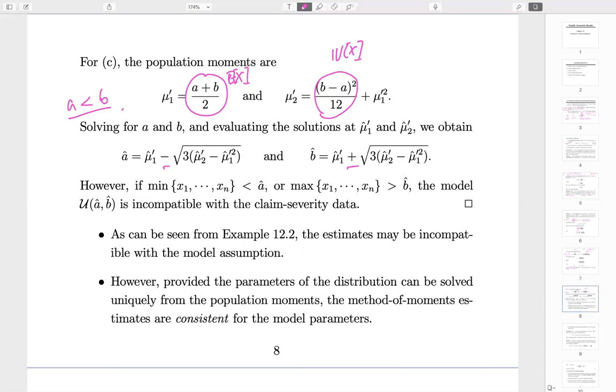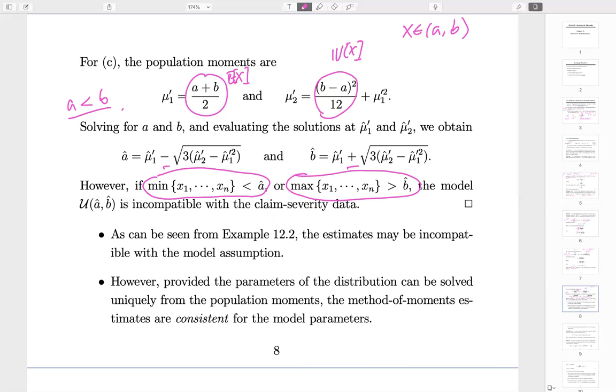We have a quick note as well regarding this special distribution, right? Uniform means X is between A and B, right?